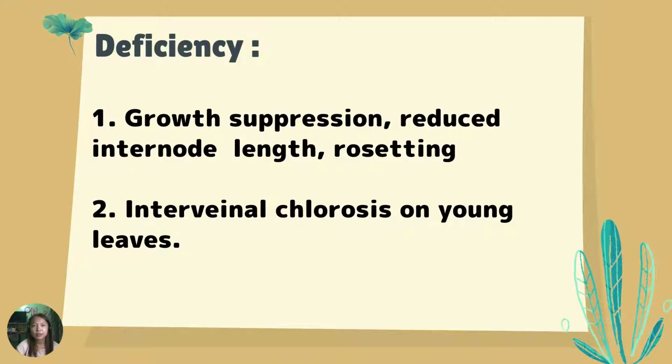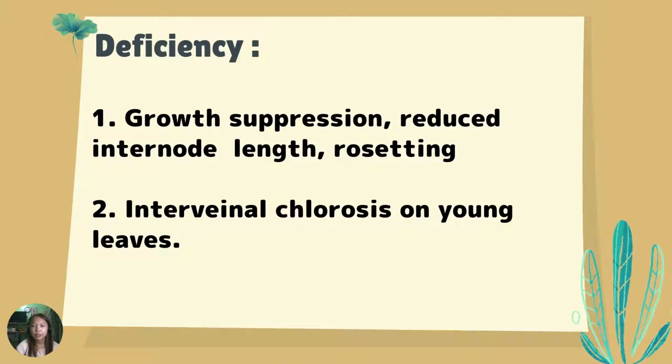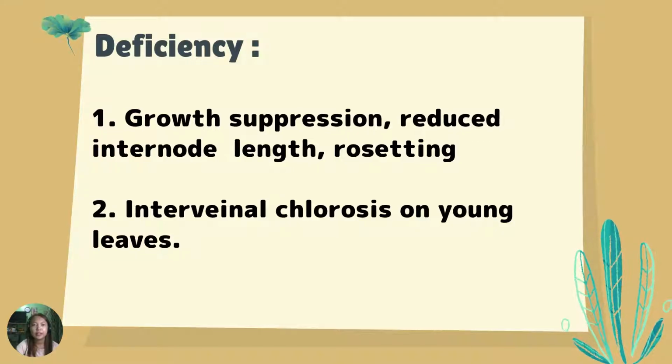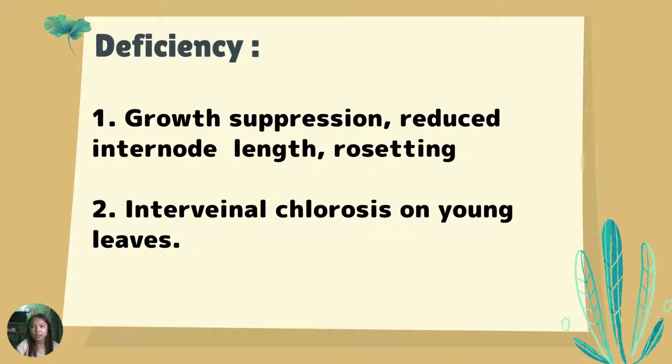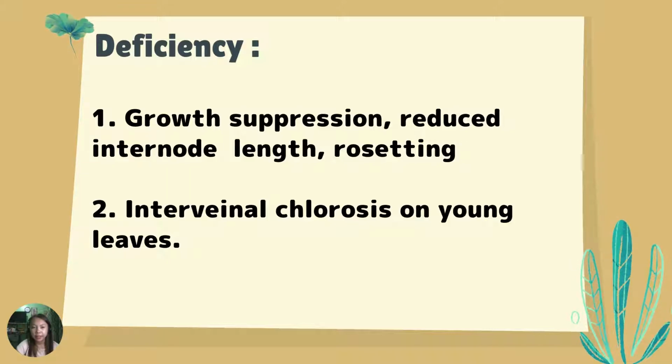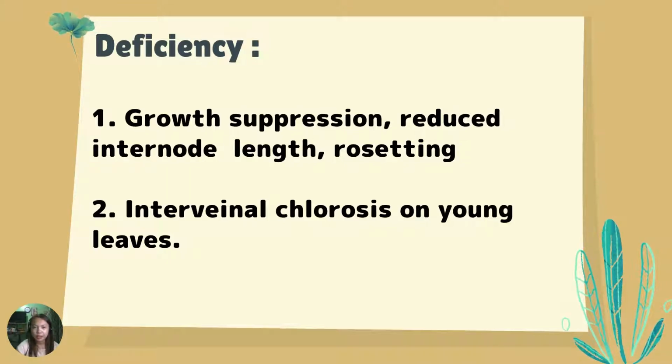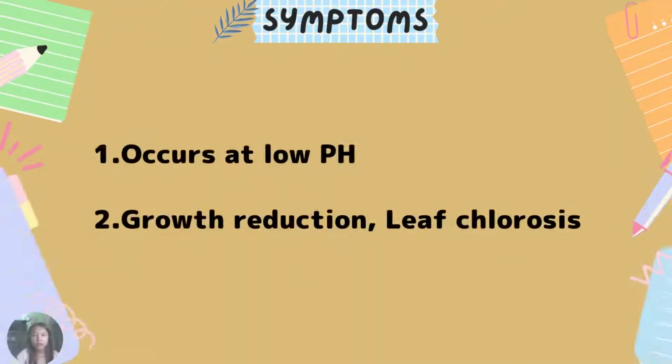So the deficiency: growth suppression, reduced internode length, rosetting, interveinal chlorosis on young leaves, where the inner veins tend to become yellowish in color. The symptoms to observe: it occurs at low pH, so it's somewhat acidic in nature, and it also reduces the growth of the plant itself and possibly leads to leaf necrosis.